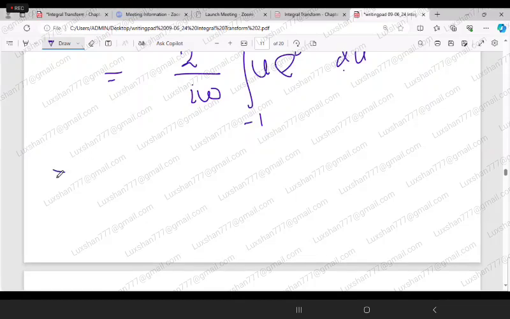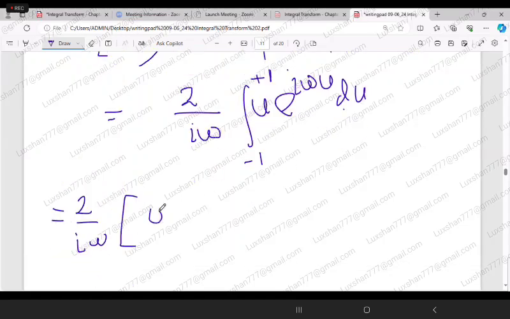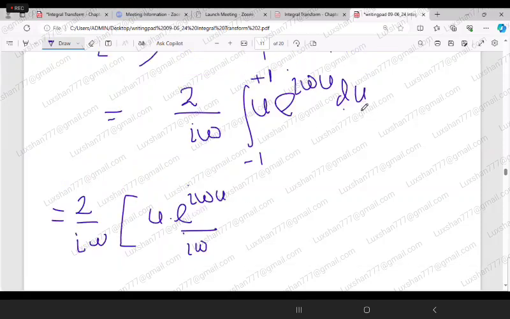Now I am going to integrate it again. So 2 over i omega. Now if you integrate this one, u into e to the power i omega u, over i omega, because I am integrating with respect to u.